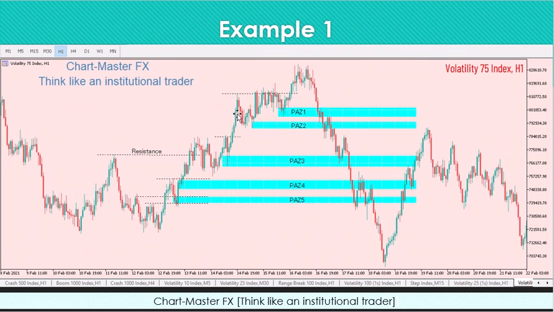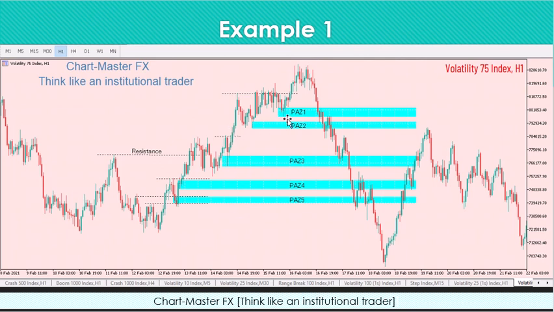Then you look at this resistance line. The price went up and failed to return here, and it created a new higher high. So you draw your price action zone, and this one is an FTR because it failed to return here.